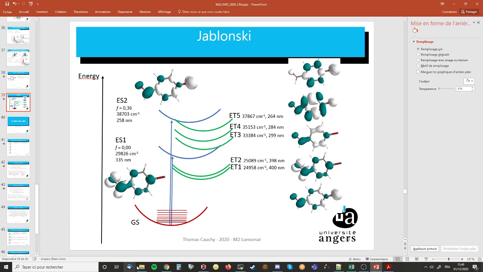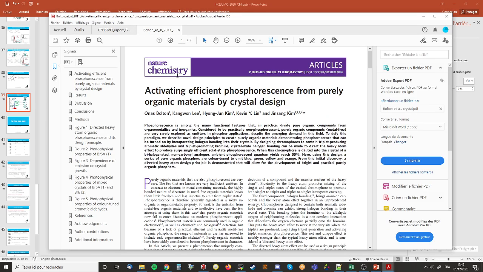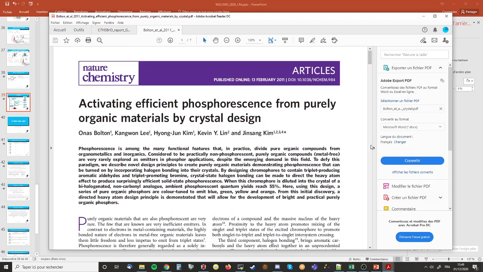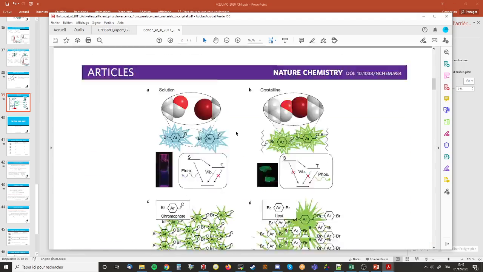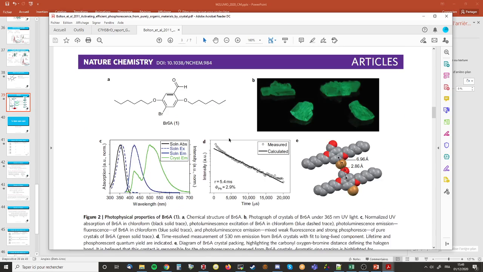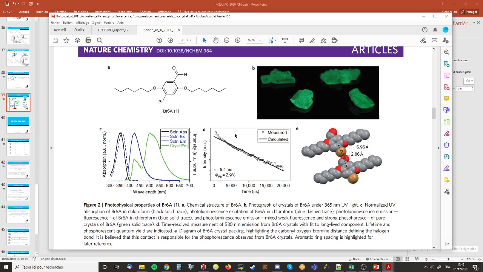So if we open again the Bolton, where is it? So in this article, okay, so here those are solutions and solid states.